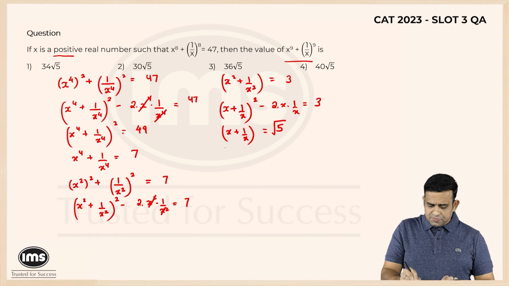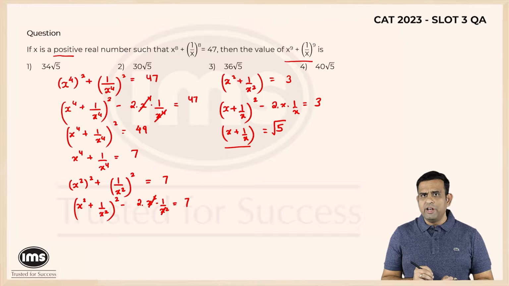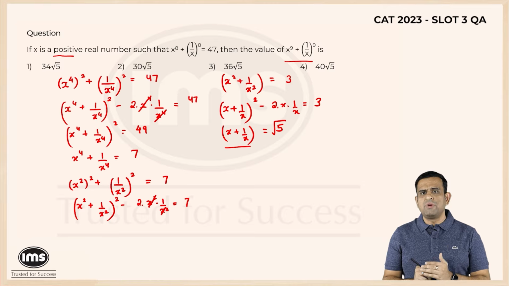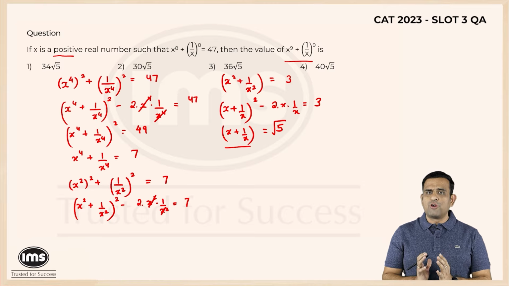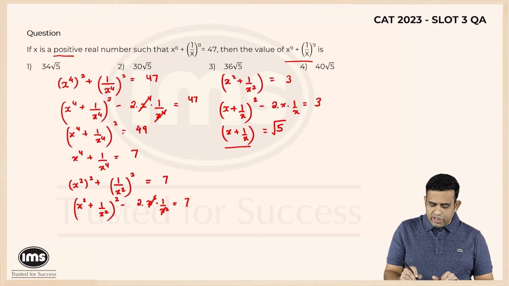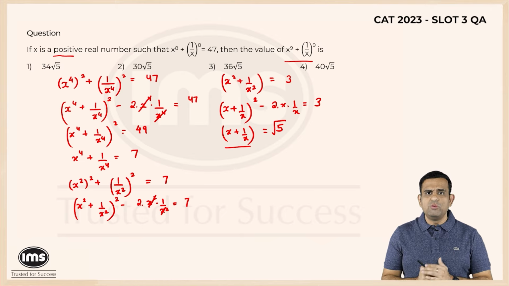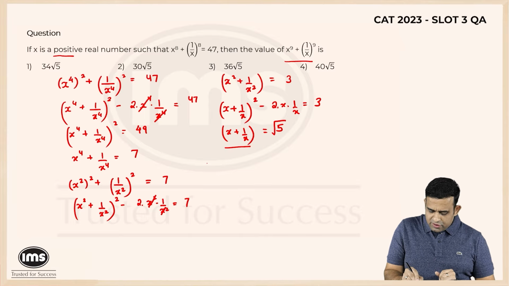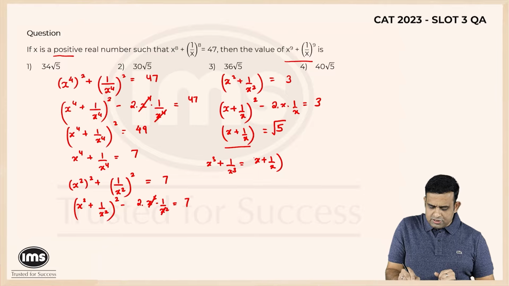Once I do this, the thing which I want to calculate happens to be nothing but x⁹ + 1/x⁹. So for that, I need to know the value of x³ + 1/x³. So let's use the formula a³ + b³ is (a + b)³ minus 3ab into (a + b). So the value of x³ + 1/x³ will be equal to (x + 1/x)³ minus 3 into x into 1/x times (x + 1/x).